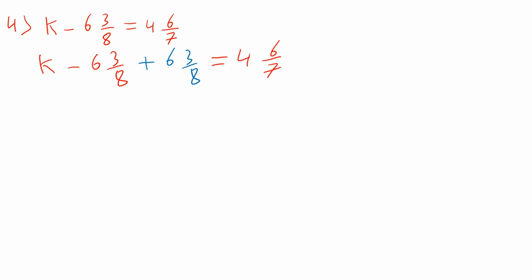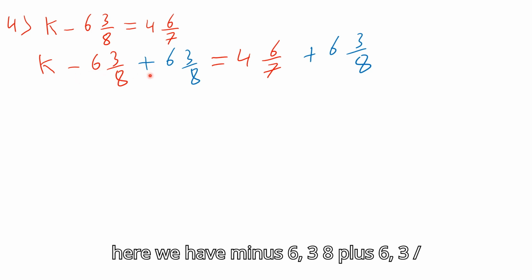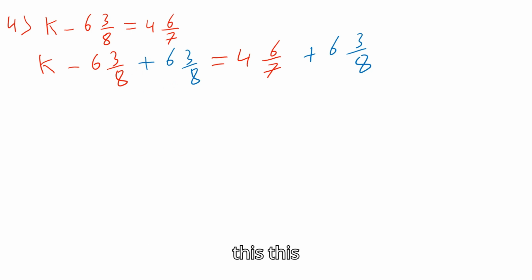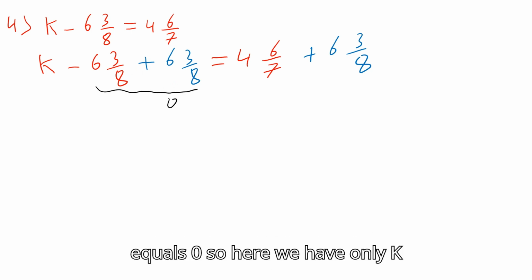Now what do we have here? We have k, and minus 6 3/8 plus 6 3/8 equals 0. Only this equals 0. So here we have only k.